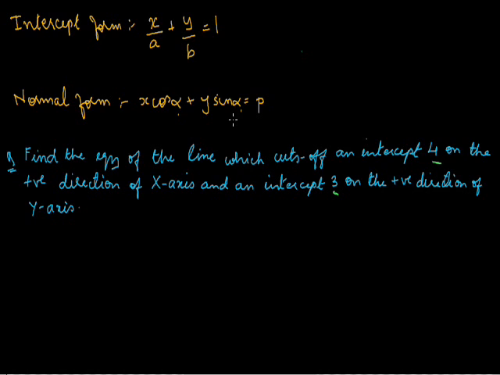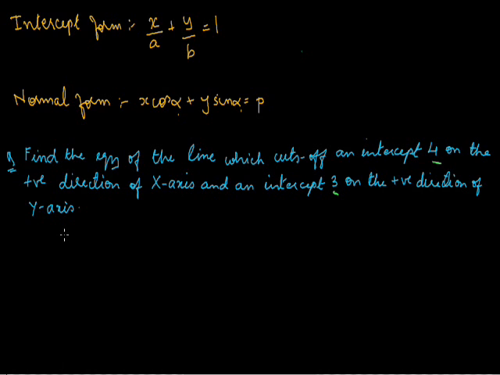So I know the intercept form of the equation of line, which is the first one, x/a + y/b = 1. So I'll make use of this equation of the line and substitute the value of a = 4 and b = 3. As I can see that the required line makes an intercept of 4 on the positive direction of x-axis and an intercept of 3 on the positive direction of y-axis.